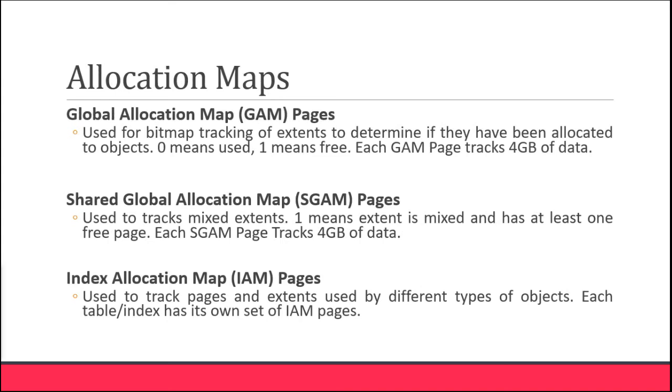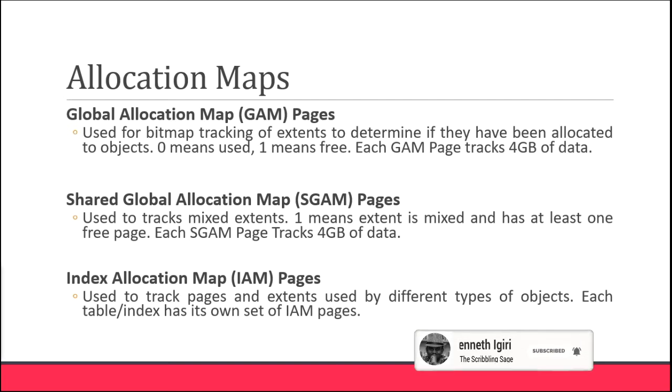Then other concepts that you want to know about are allocation maps. In SQL Server, for each page within a certain number of pages, you need certain pages that you can think about as metadata.